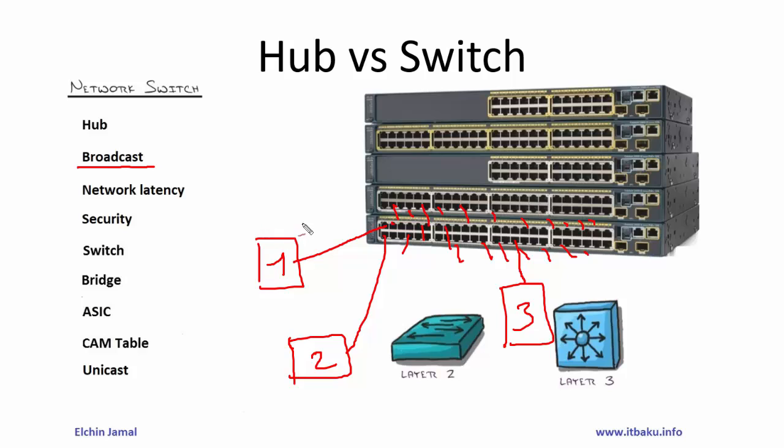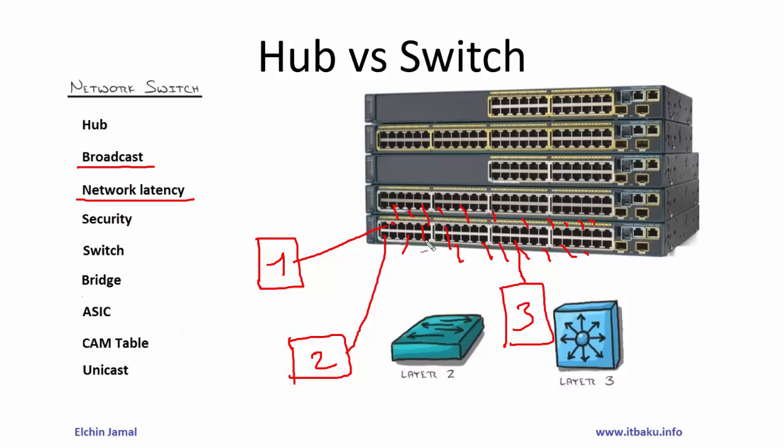This kind of system has some disadvantages. One of the disadvantages is network latency. For each request, in order to receive information from one port and send it directly to the second port, the hub is doing a lot of additional, unnecessary work.